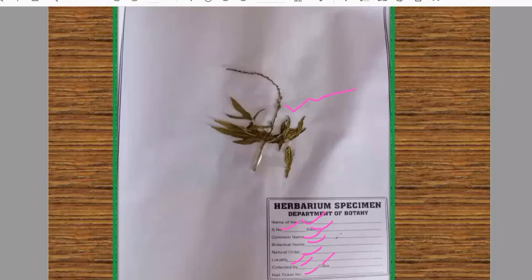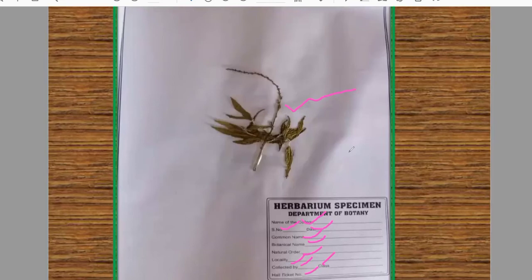So you need not struggle. Why? Because your surrounding plants, you can easily collect those plants' twigs, make them dry, keep the dried twigs on the sheet and write information on the left side in whatever columns are given. So in this way it is easy.